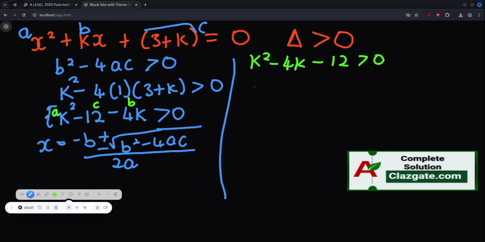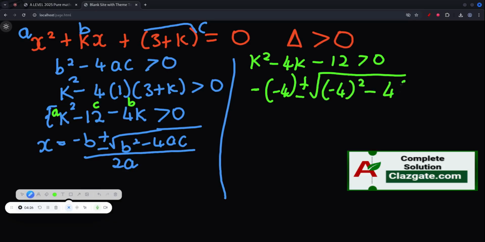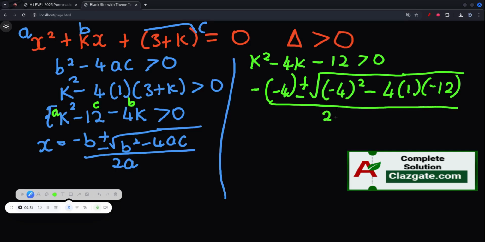Expressed with the quadratic formula, it will be negative b, which is negative 4, plus or minus the square root of negative 4 square minus 4 into 1 into negative 12, all divided by 2 into 1.